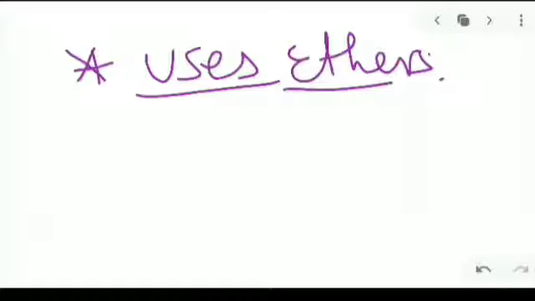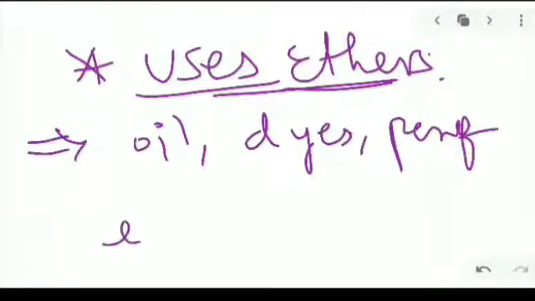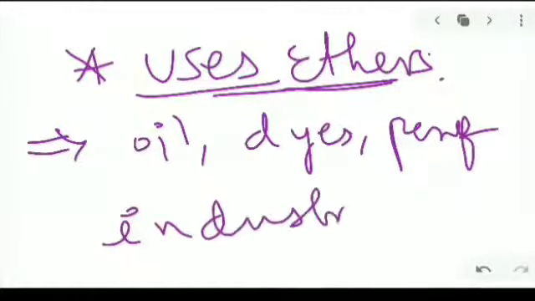Ethers are used in oils, dyes, perfumes and many industrial uses. Ethers are mostly found in scented plants, the plants that give volatile smells, which may contain ethers.